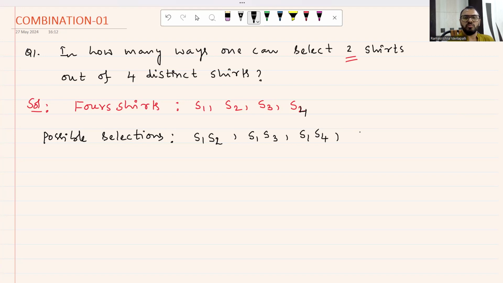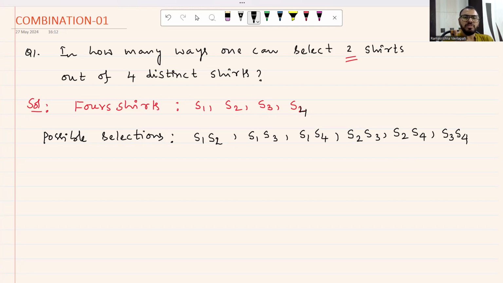Now you take S2. Begin with S2. S2, S3. Means we can select second shirt and third shirt. S2, S4. Combination with S2 is over. Now S1 is over, S2 is over. Now begin with S3. So the last one is S3, S4.